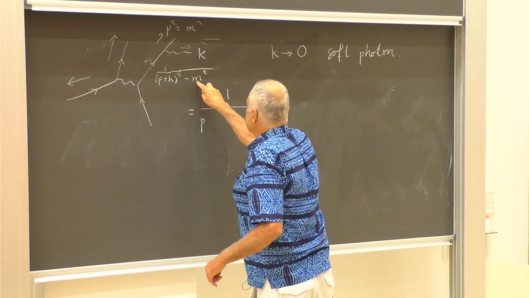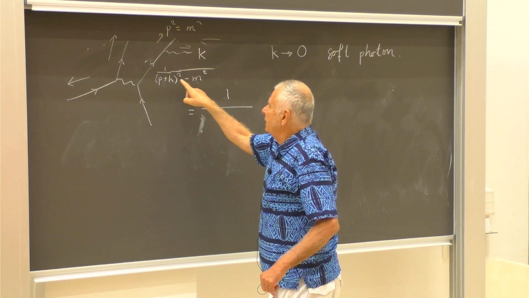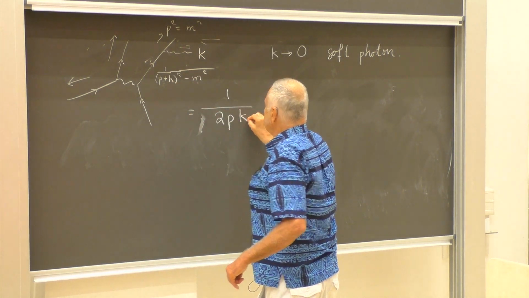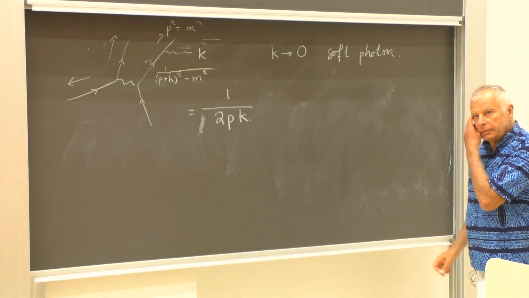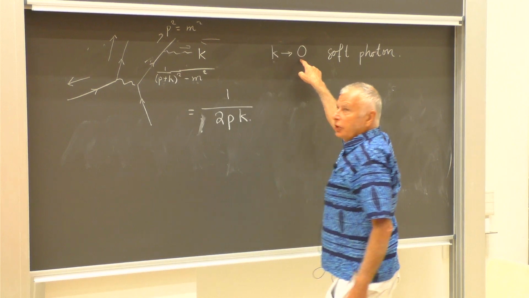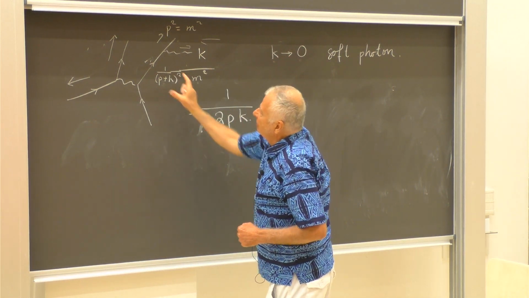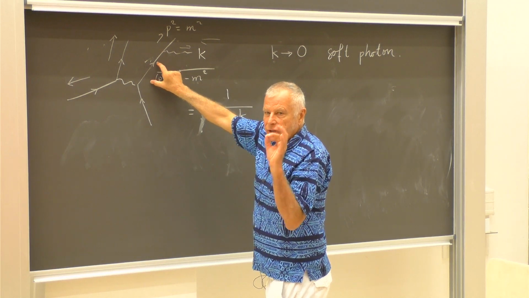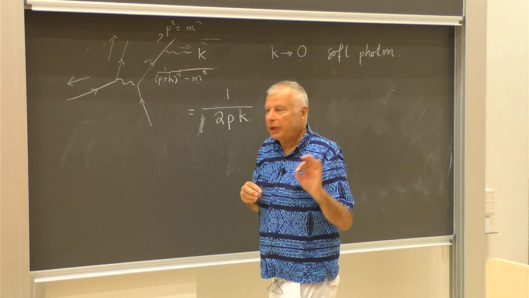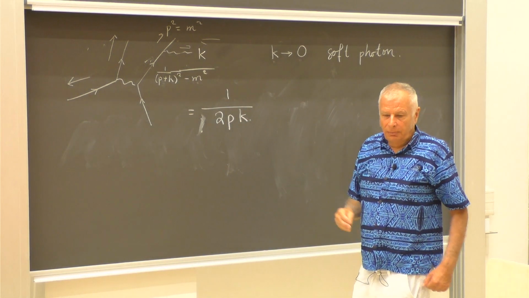Now, p squared cancels m squared, k squared is 0 by itself, so the only thing we get is 2p·k. So you see that as the momentum goes to 0, this diagram blows up. The divergence is coming from this virtual charged particle going on shell.